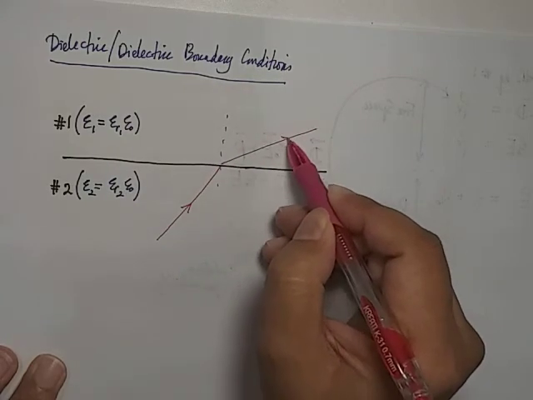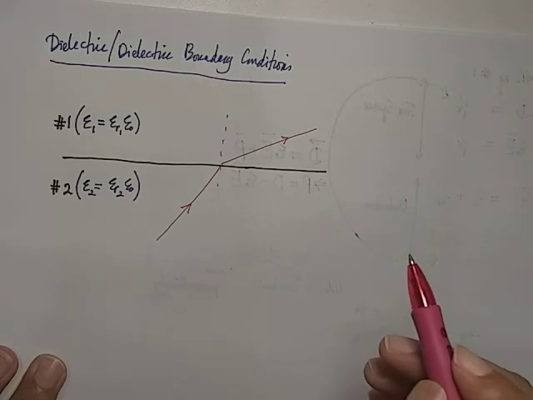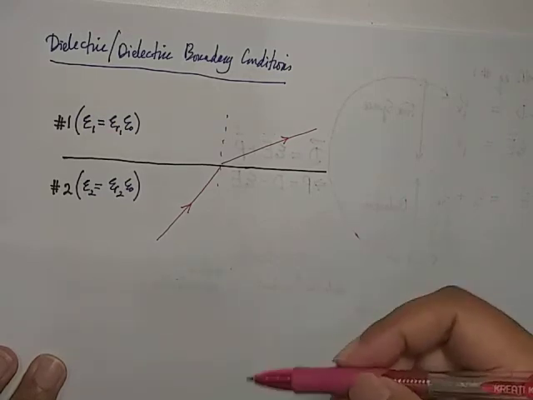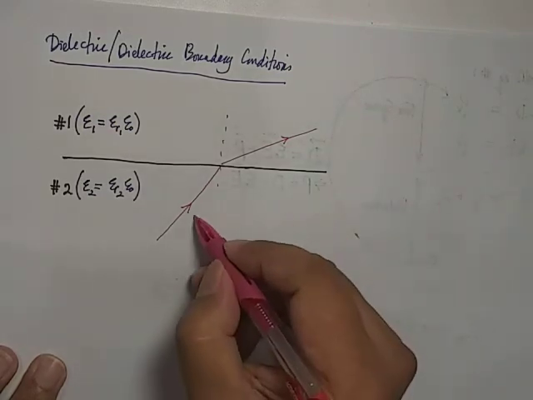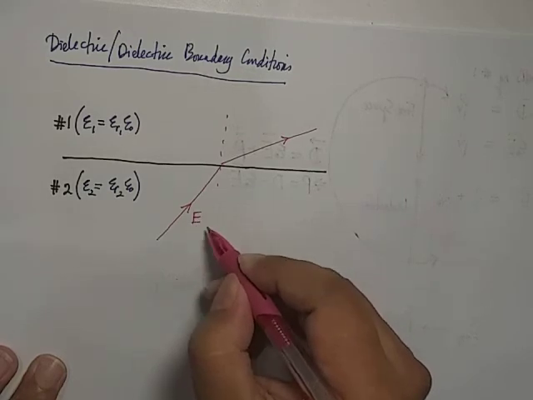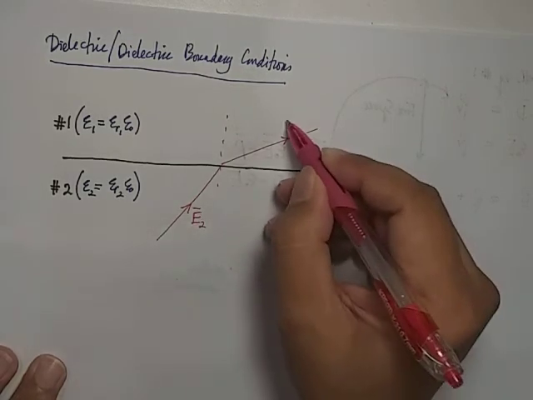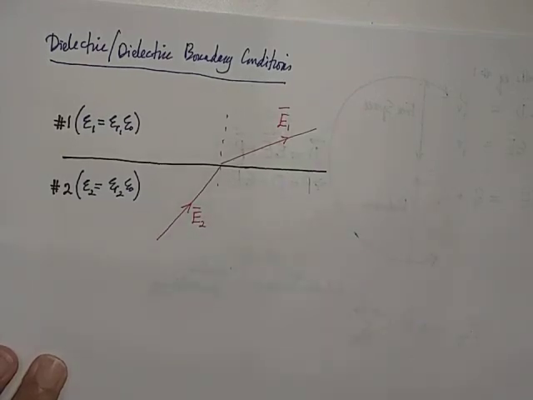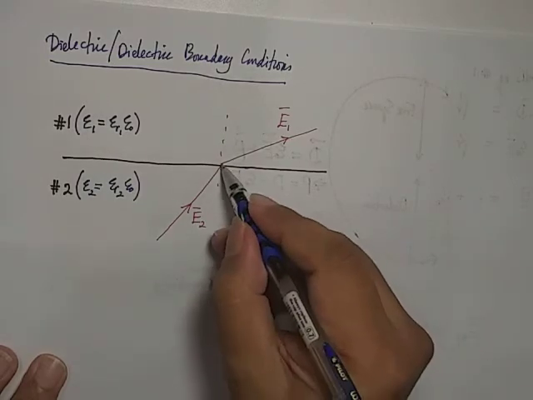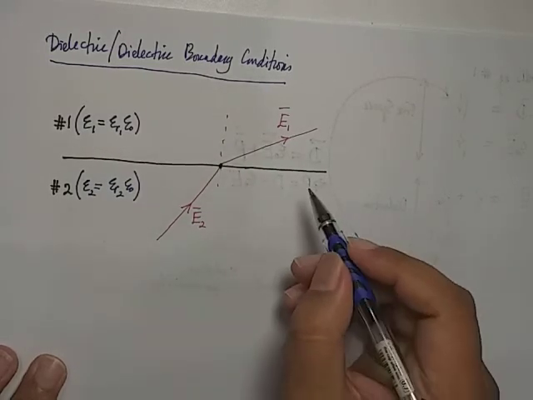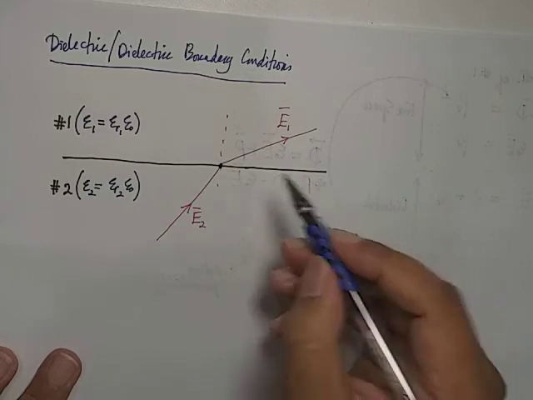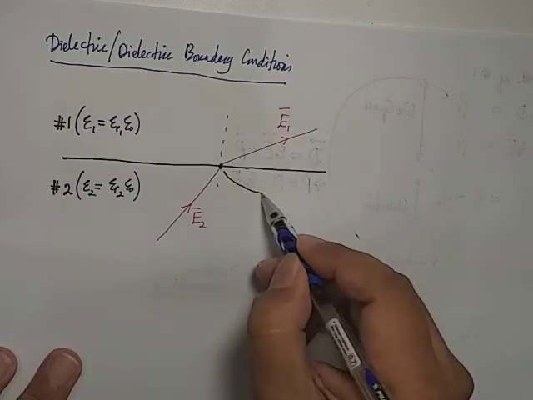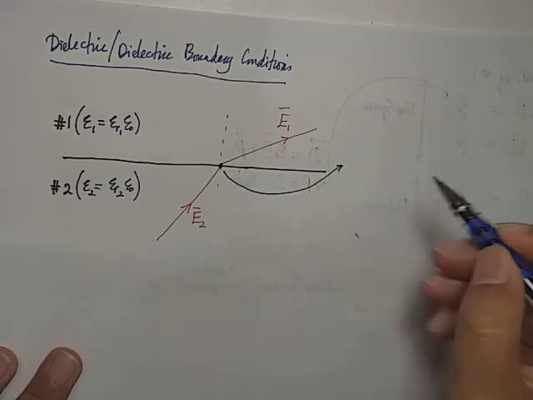This is the scenario of the electric field migrating from one dielectric to the other dielectric. So this is going to be denoted as E region number 2, and this is E region number 1. And then what we stated before, the conditions at this particular point at the boundary are known as boundary conditions.